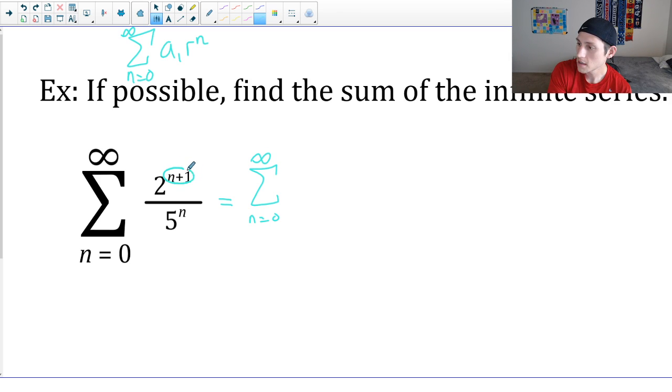But I'm interested in this 2 to the n plus 1. Two to the n plus 1 is the same thing as 2 times 2 to the n. Because remember, exponent rules tell us if we have addition in an exponent, we can split it up into two bases. In the same way that x to the fifth is the same thing as x squared times x cubed, because 2 plus 3 is 5.